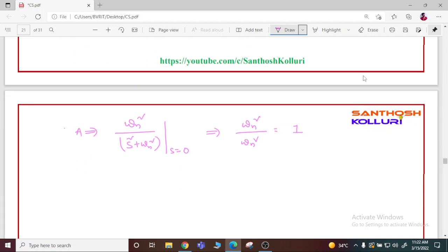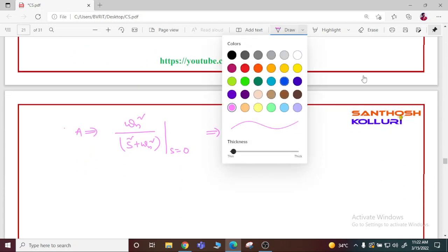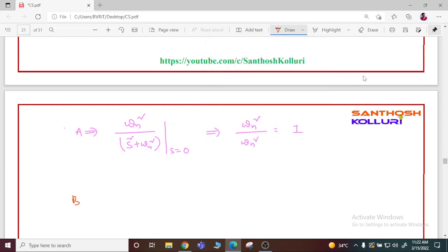And similarly, b can be obtained as b is equal to omega n square divided by s by putting s is equal to j omega. So, therefore, omega n square divided by j omega n j omega. So, therefore, this will be minus j omega, which is equal to minus s.